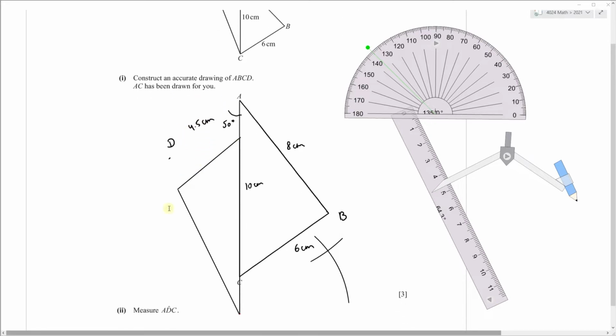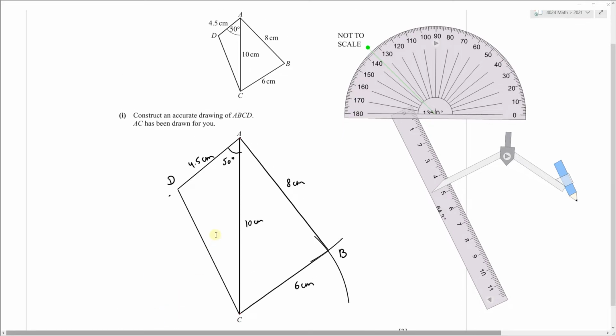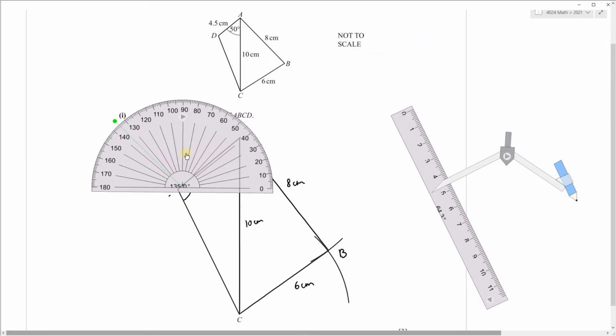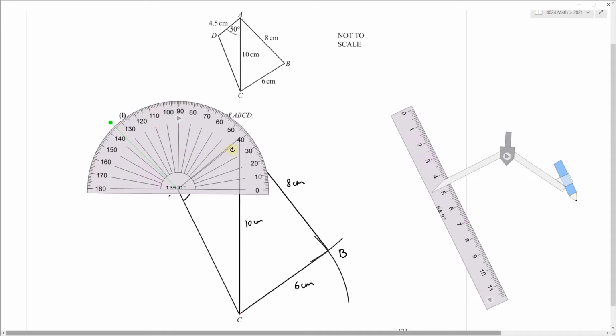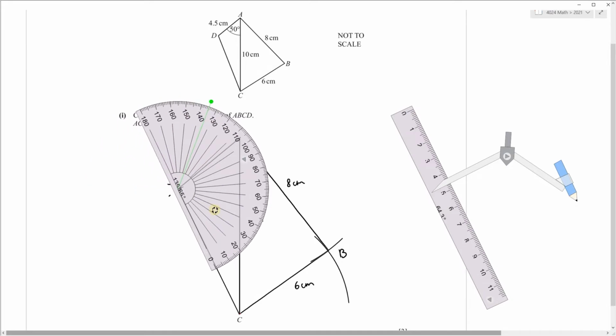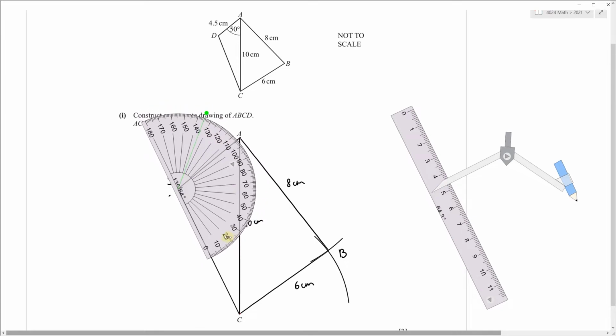The next part is you have to measure the angle ADC. So you have to measure this angle ADC here. So let's do that using our protractor. I'll place it at this center here, align the 0. So probably need to decrease the size here a little bit.